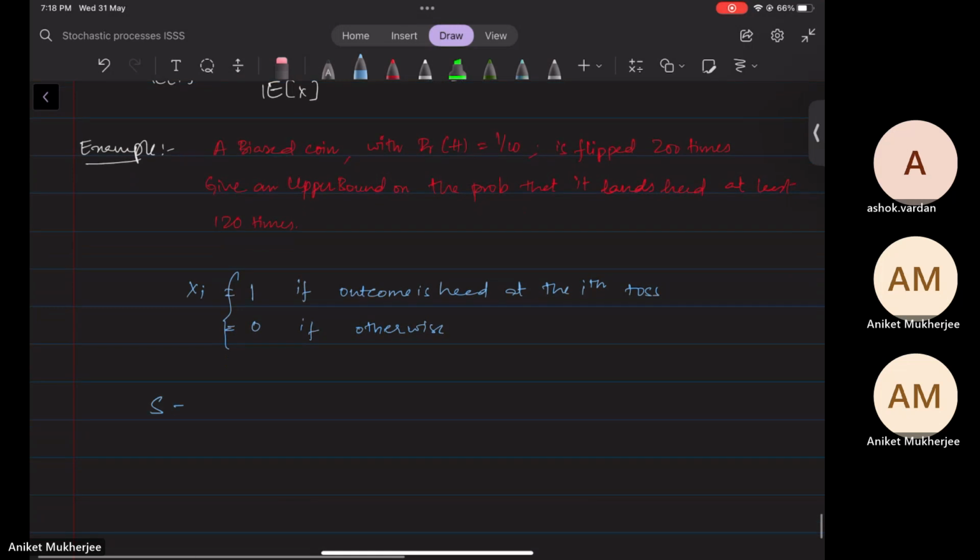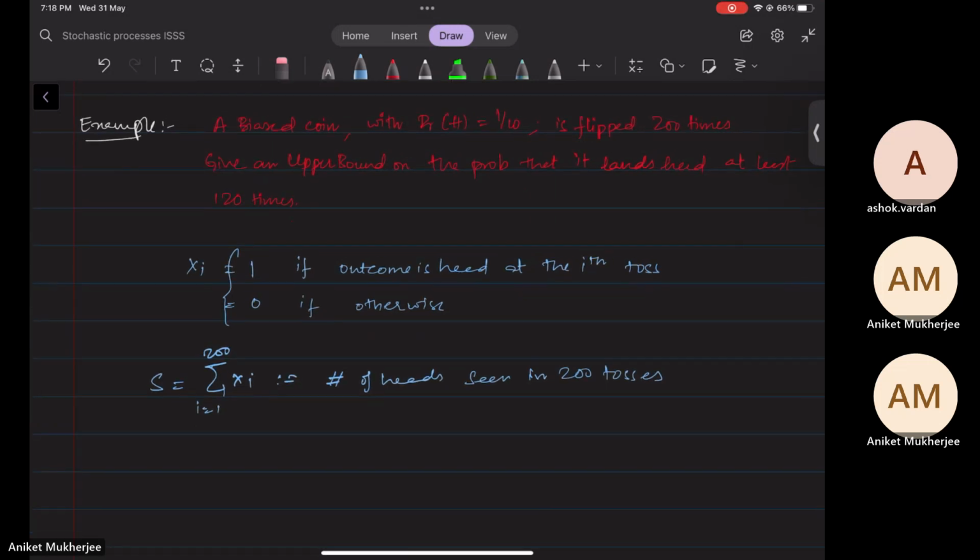Now we are counting the number of heads that we have seen in 200 tosses. So S equals summation i equal to 1 to 200 of Xi. This is the number of heads seen in 200 tosses.